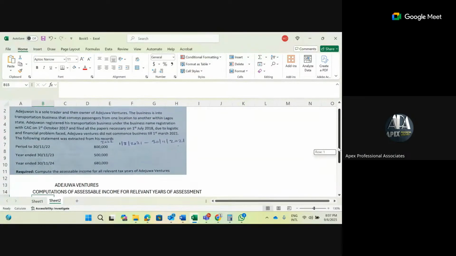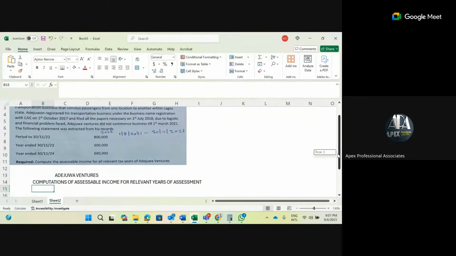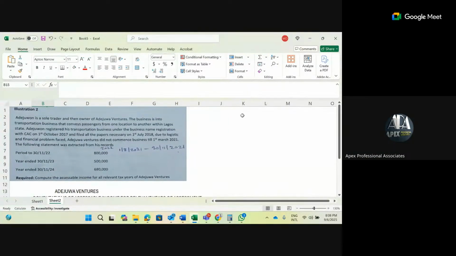Good. So now, when did the business commence operation? 1st of March 2021. And you have the first profits to period to 30th of November 2022. To make it easy for us, I always advise students to show a short analysis of the basis period, the number of months, and the profit that you have.